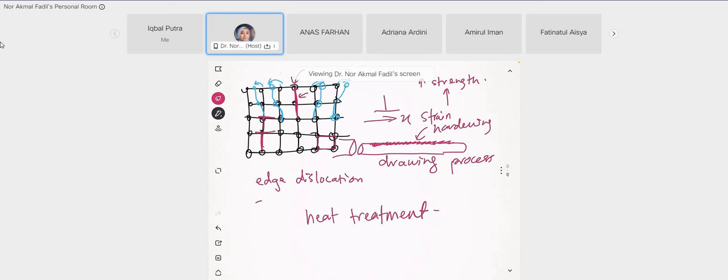However, remember, because of this strain hardening process, there are a lot of stresses inside, the stresses that cause the material to become high strength. However, if it is too much, sometimes we don't want the effect of strain giving high strength. Sometimes we just want to obtain the specific crystal structure.